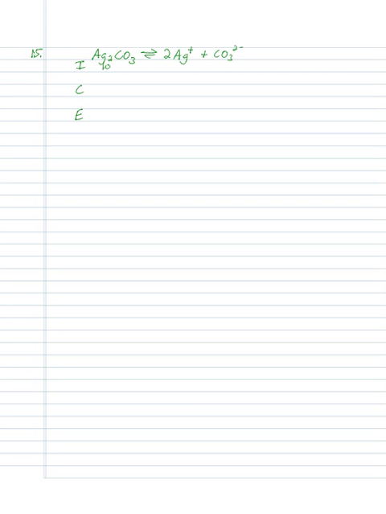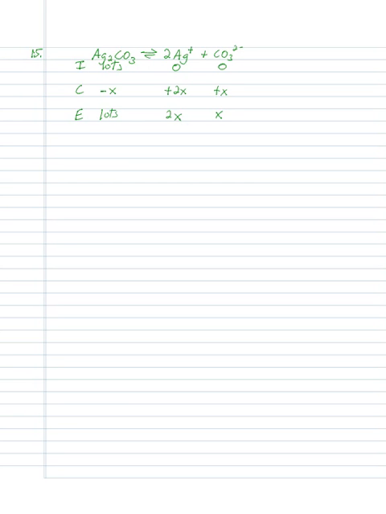We're going to have lots of solid to start, none of my ions, minus x, plus 2x, plus x. So I'm still going to have lots of solid at equilibrium, 2x of the silver and x of the carbonate.